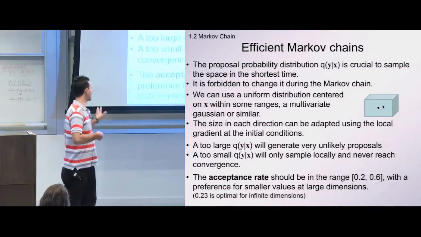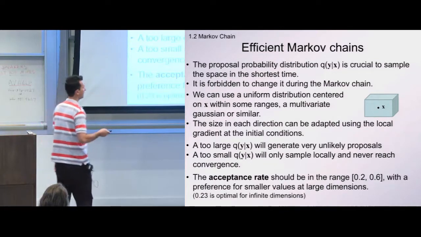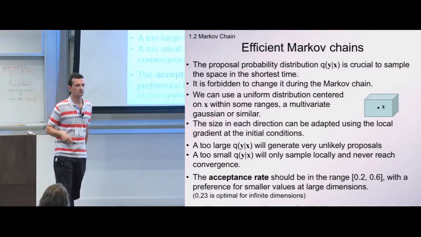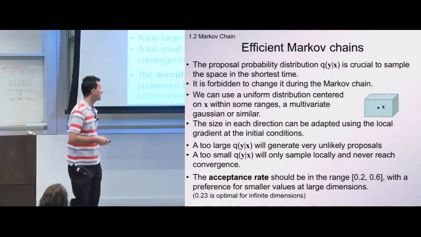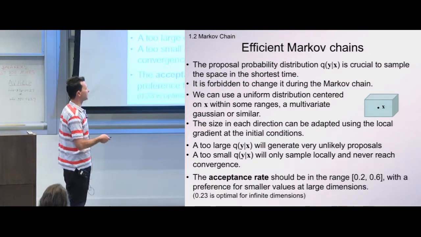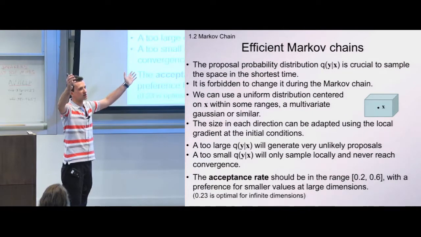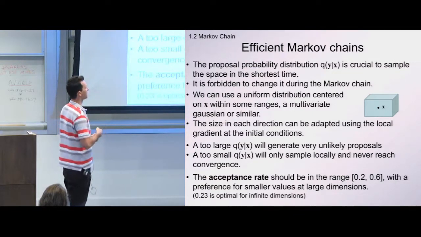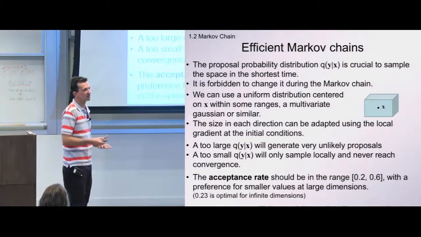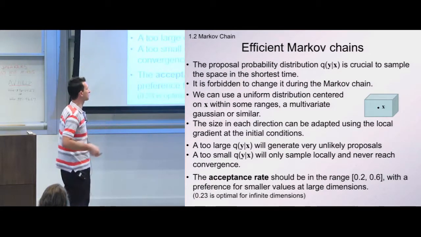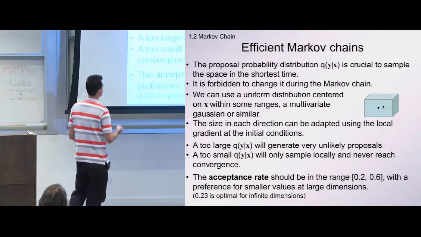But in principle, everything in this range is more or less reasonable. If you're getting 1%, that means your proposal probability is too large, so you have to make it smaller. If you're getting 100%, then your probability distribution is too small, and you have to enlarge it a bit.